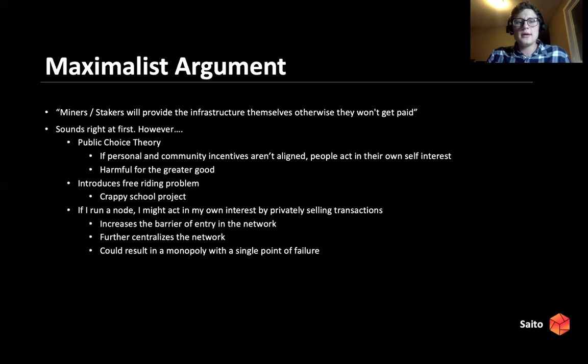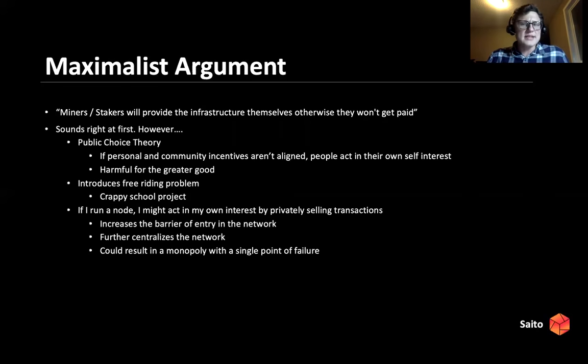When we're talking about blockchains like Ethereum, a typical maximalist argument that you might hear is that miners and stakers would provide the infrastructure themselves, even unpaid, because they won't get paid otherwise, right? At first, this sounds like a totally valid argument, because if there are no nodes to make up the network, then there's not going to be any value in numbers, and there's not going to be any transactions to make money off of in the first place, right?